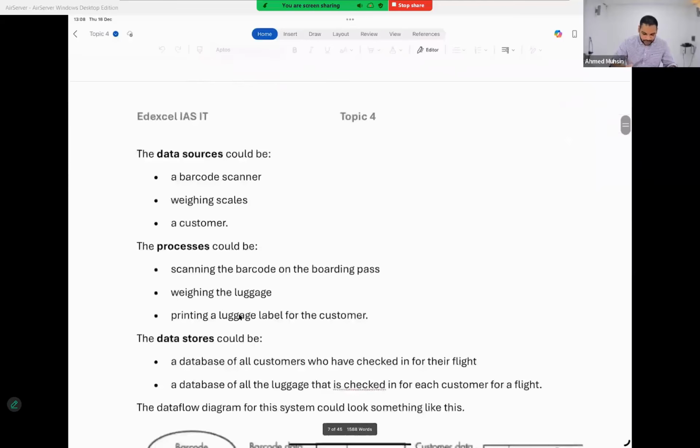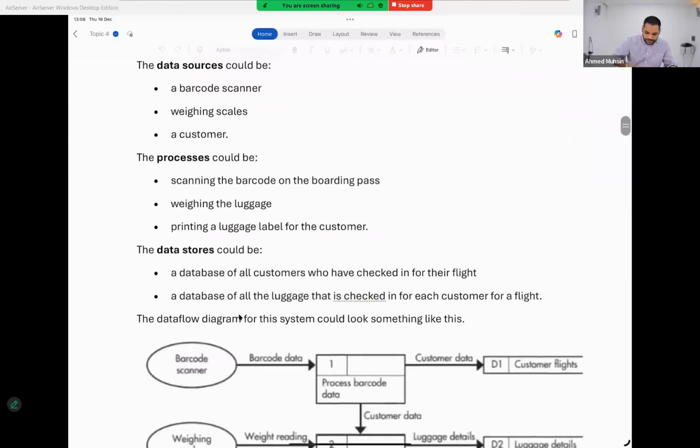The data sources for an airport check-in system, what are they? We have identified the barcode scanner, the weighing scale, and the customer. Data will be received or given by the barcode scanner, the weighing scale, or the customer. What are the processes that should happen in an airport check-in system?